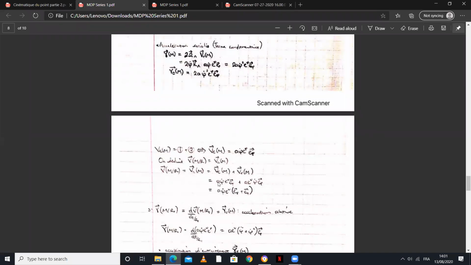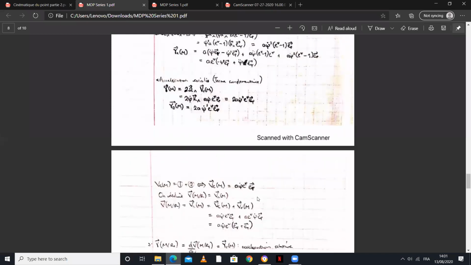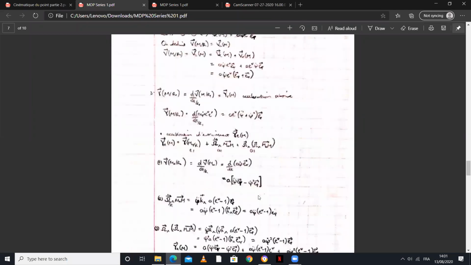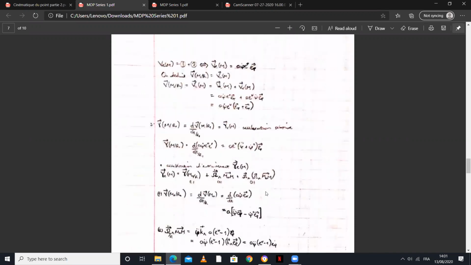So vitesse absolue is just going to be equal to la vitesse relative that we found as this there, and la vitesse d'entraînement, which we have found as this there. When you add these two, they are going to give you la vitesse absolue, which is your answer there. If you want to find the vitesse absolue again, you can use this other method where you just get your vector position OM, and then you derive it in R. If you derive it in R, it's going to give you the same answer as what you have there.